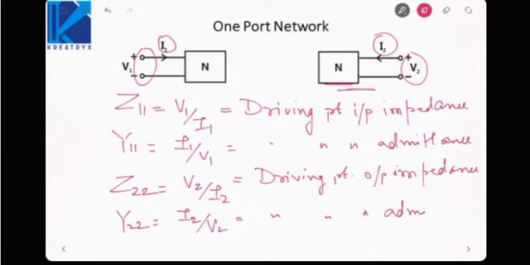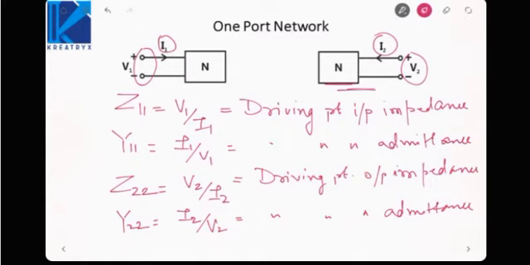So these parameters are usually defined for the case of a one-port network, as we do not have any transfer parameters. What is meant by transfer parameters? The parameters that relate current on one side and voltage on the other side, or even current on one side to the current on the other side. That is, transfer parameters relate one parameter on one side and another parameter on the other side.